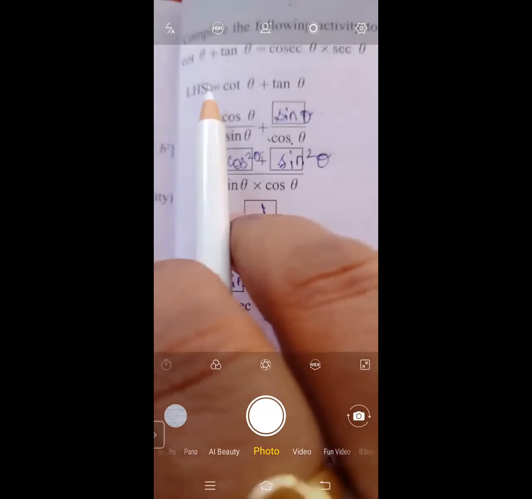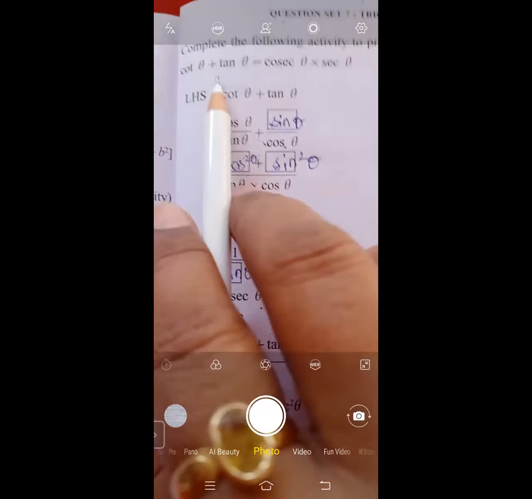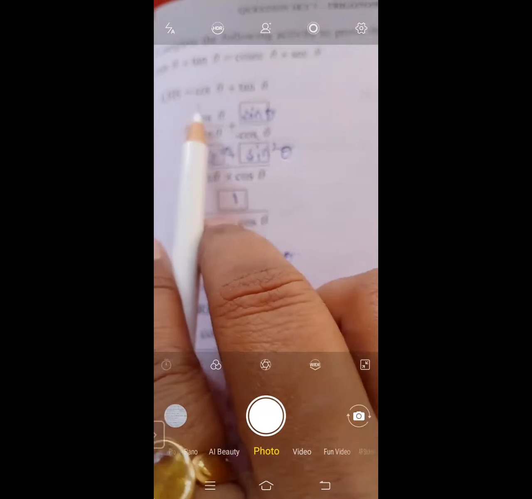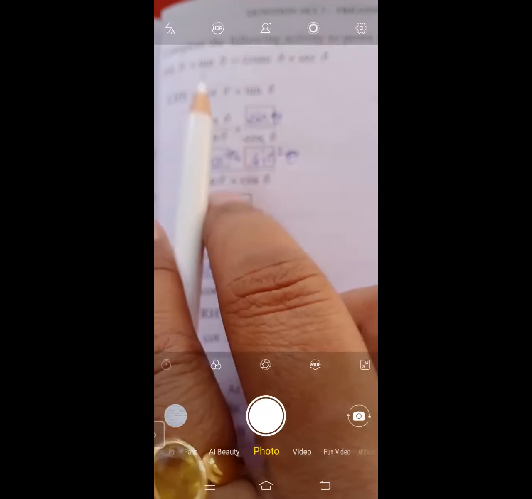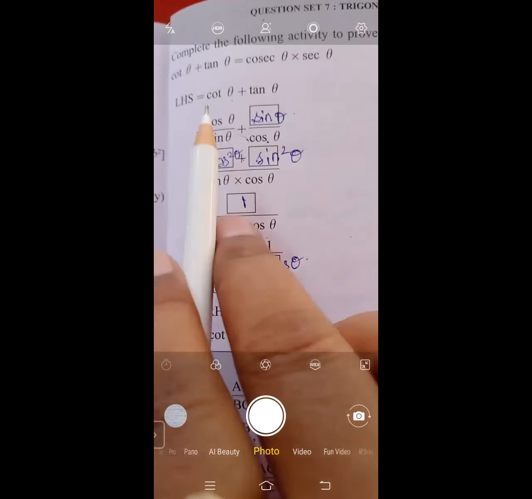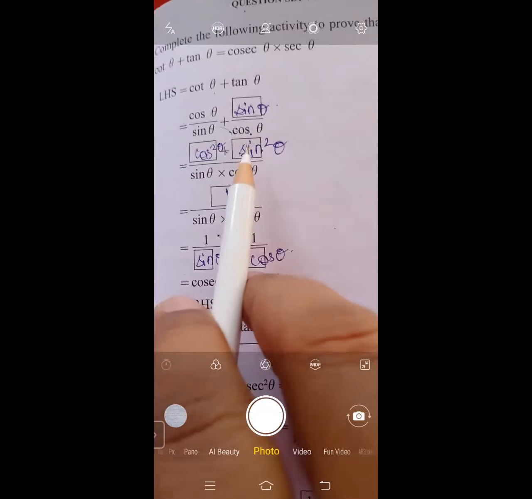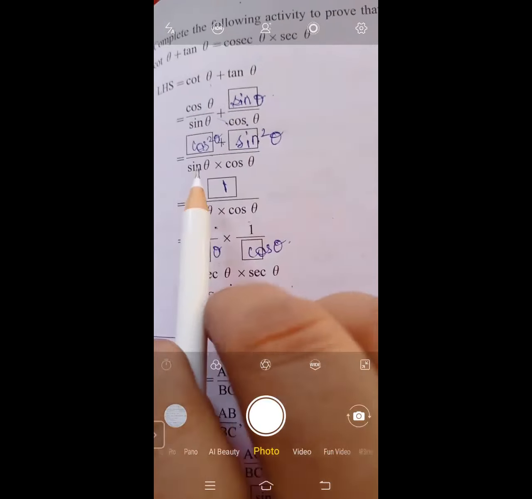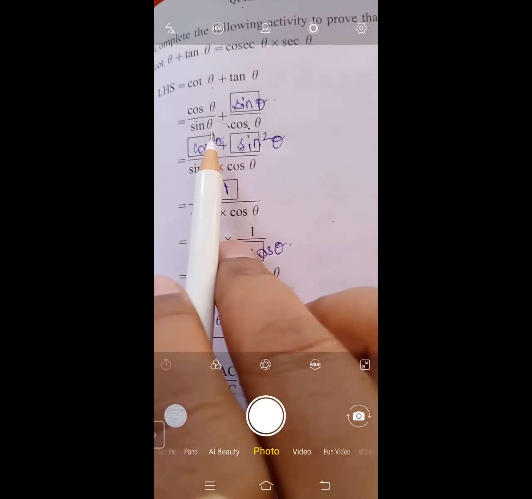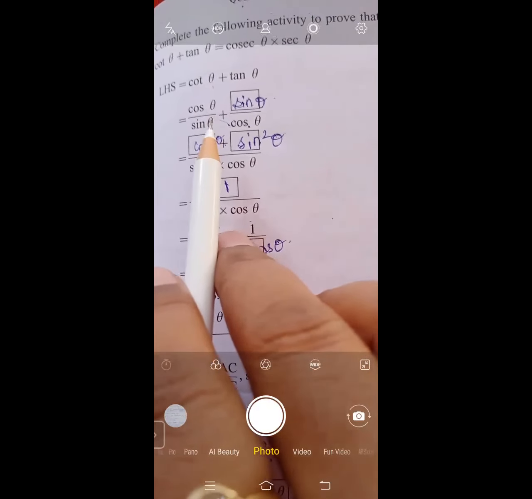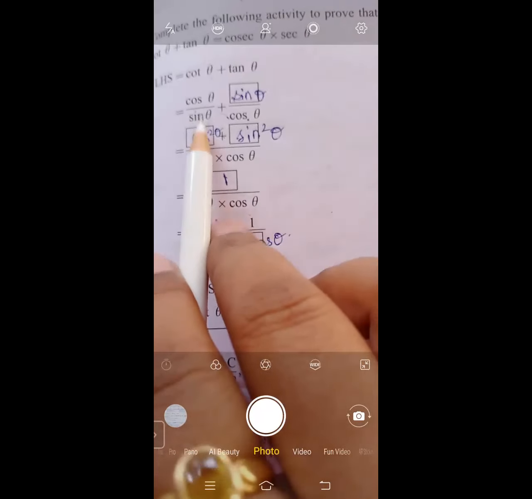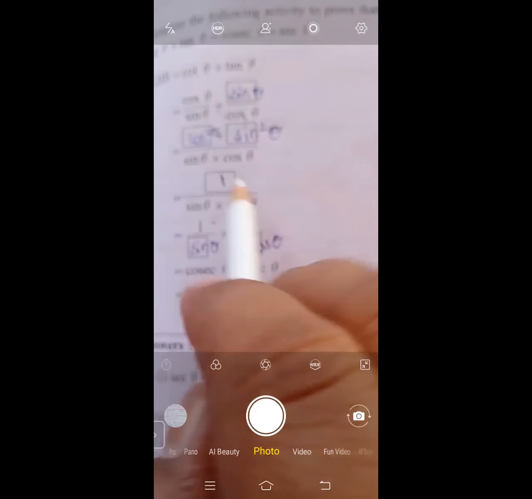Yes, I'll go through this question once again. Cot theta plus tan theta equal to cosec theta into sec theta. We have converted the LHS into sin and cos, so cos theta upon sin theta plus sin theta upon cos theta. We made the denominator the same by multiplying the remaining denominator with the whole fraction. So we multiplied cos theta with the first fraction and sin theta with the other fraction.